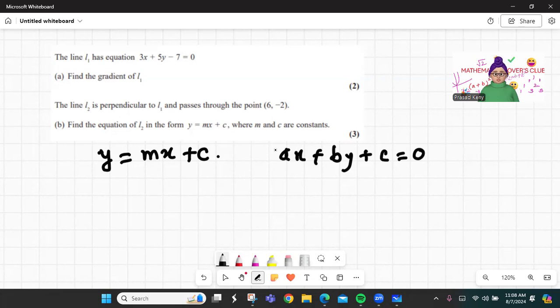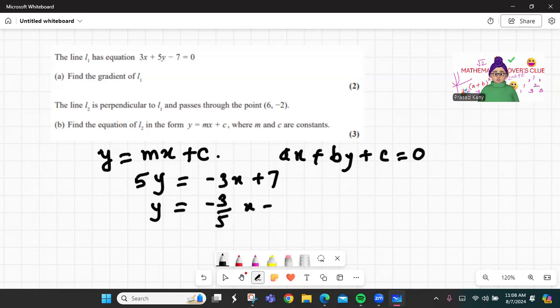So that means, in this case, we can write 5y is equal to minus 3x plus 7. So y is equal to minus 3 upon 5 x plus 7 upon 5.